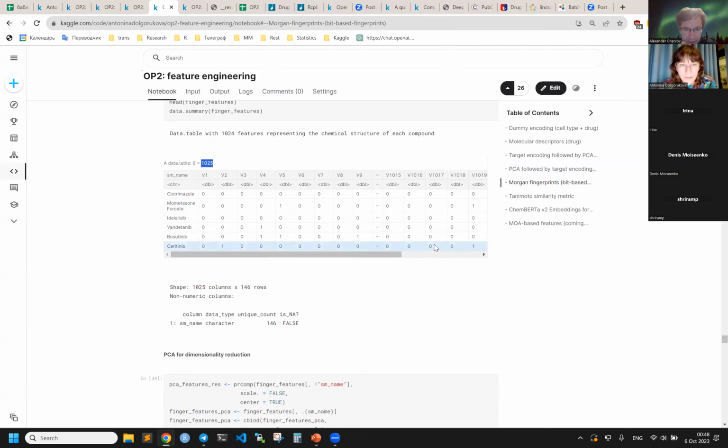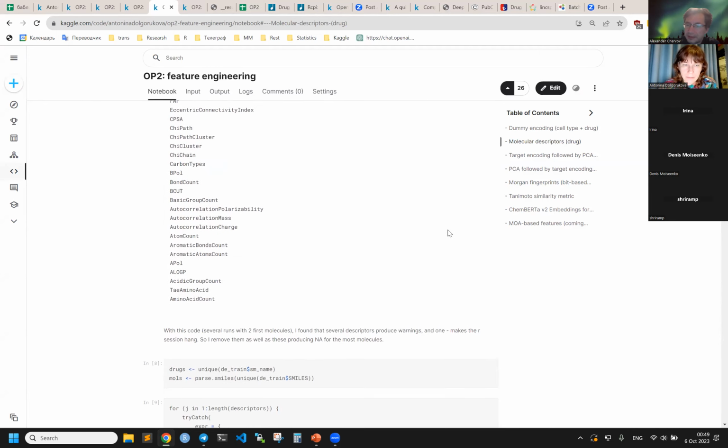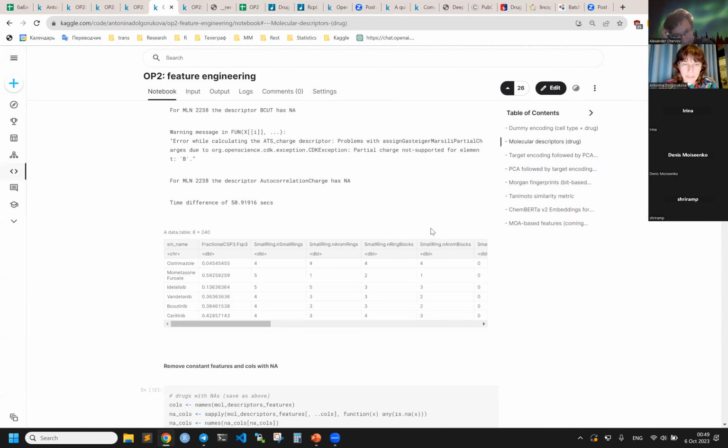There is a question: can these fingerprints be used as an embedding for molecules? If the fingerprints are close, does it mean they have similar chemical properties? Yes, but it's different for each descriptor.